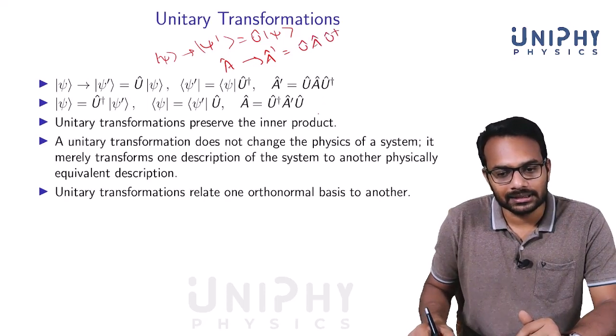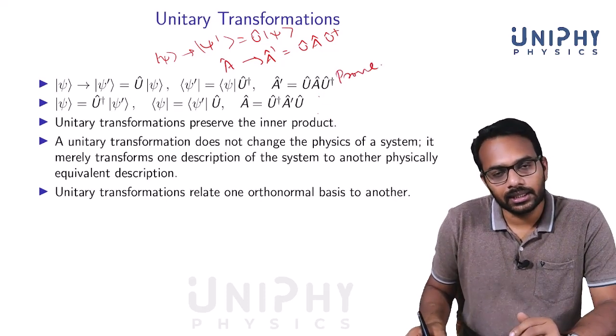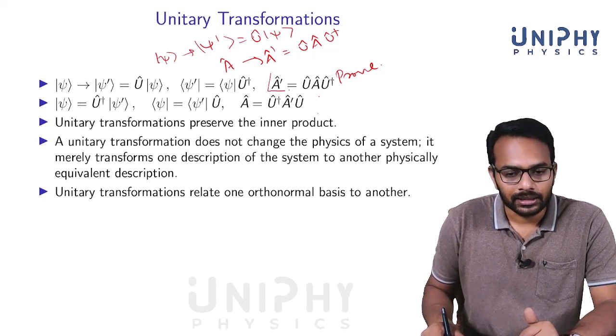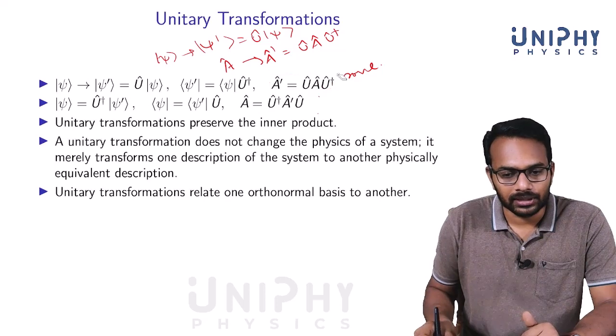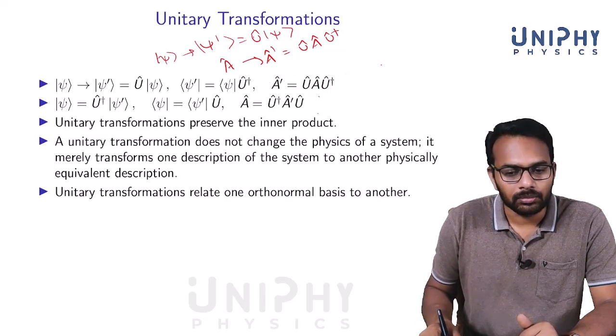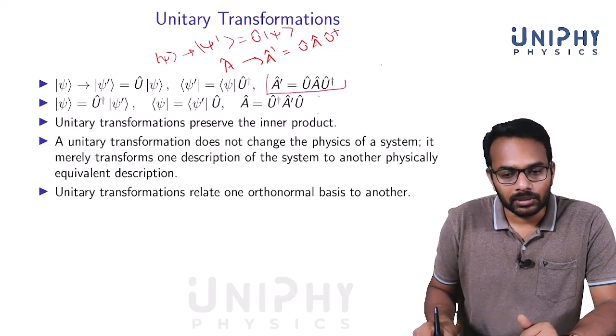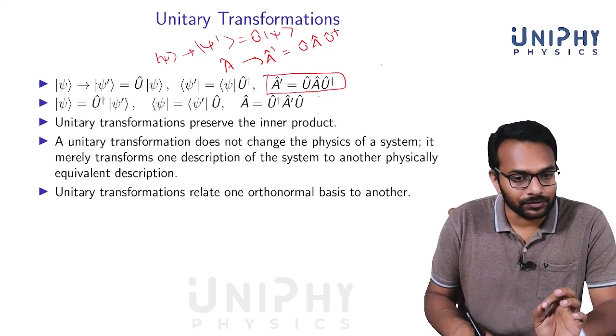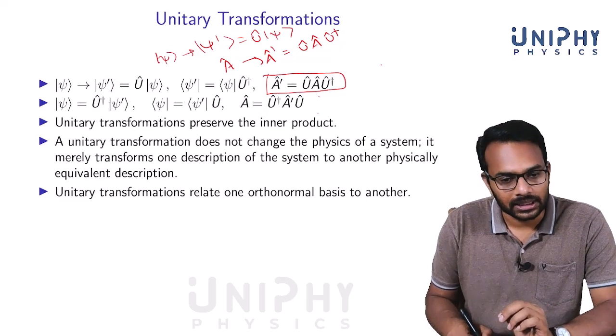Again, I leave it as an exercise for you to prove this. You can check any textbook or try to do it by yourself. But you have to remember this: A prime is equal to U A U dagger if psi prime is equal to U psi.